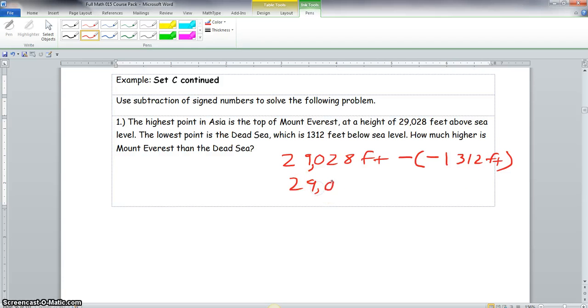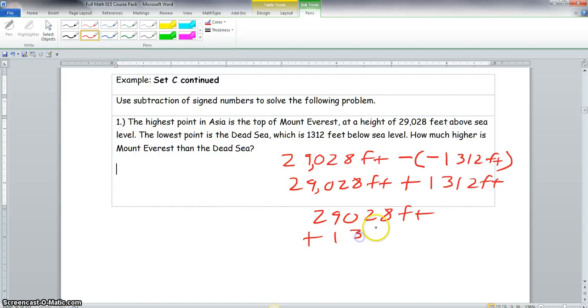So we have 29,028 feet. And minus, or the opposite of negative 1,312 feet, will give us plus 1,312 feet. So now we're going to add that. 29,028 feet plus 1,312 feet.